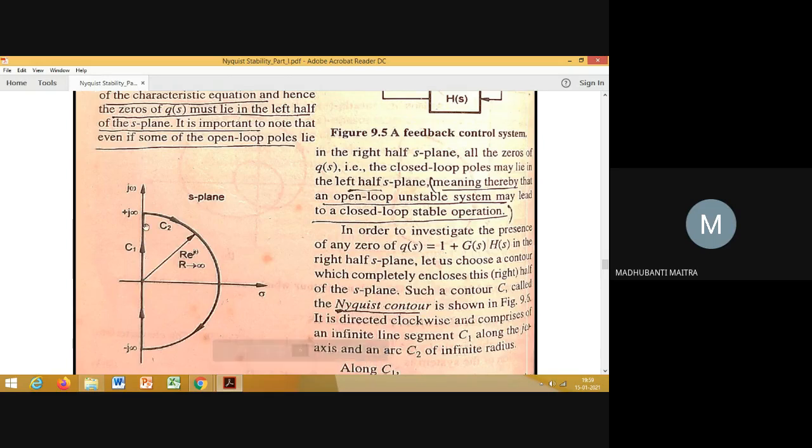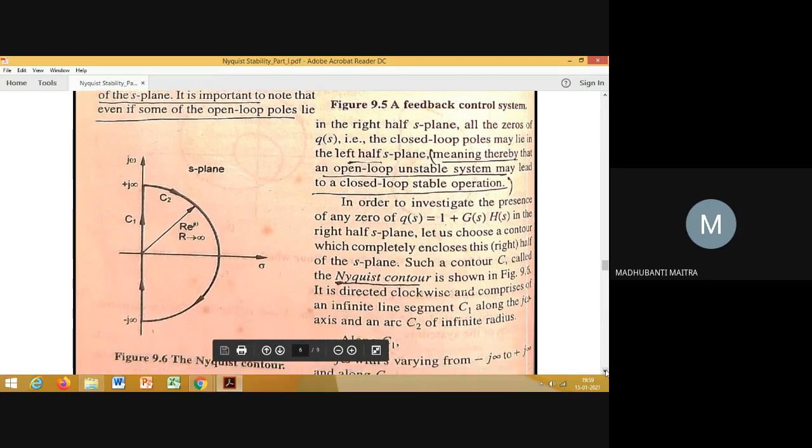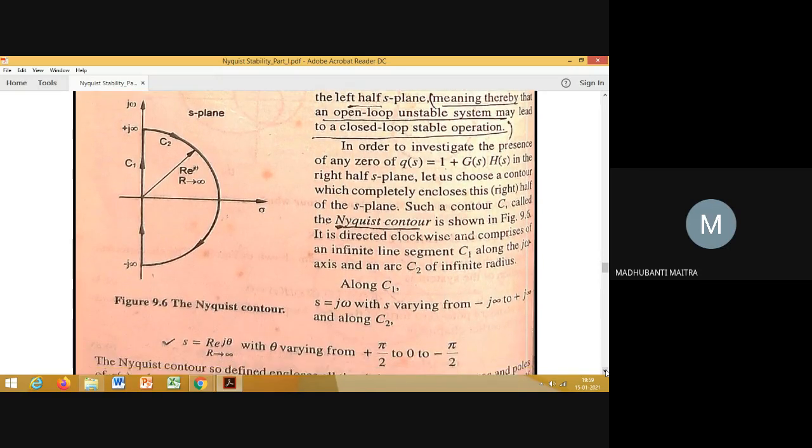For the semicircular arc, we can represent the value of s on this arc as s equals r e to the power j theta, where the limit r tends to infinity. So this semicircular arc will have an infinite radius.